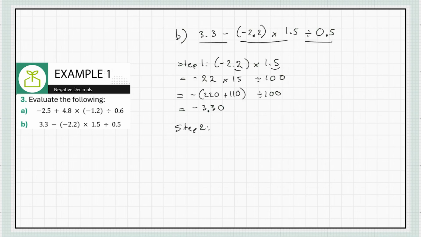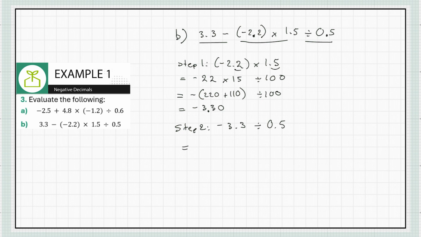Next up is step 2. We have our minus 3.3, and we're going to divide it by 0.5. Now, dividing by a half is the same as doubling, but you can use the same steps as before.